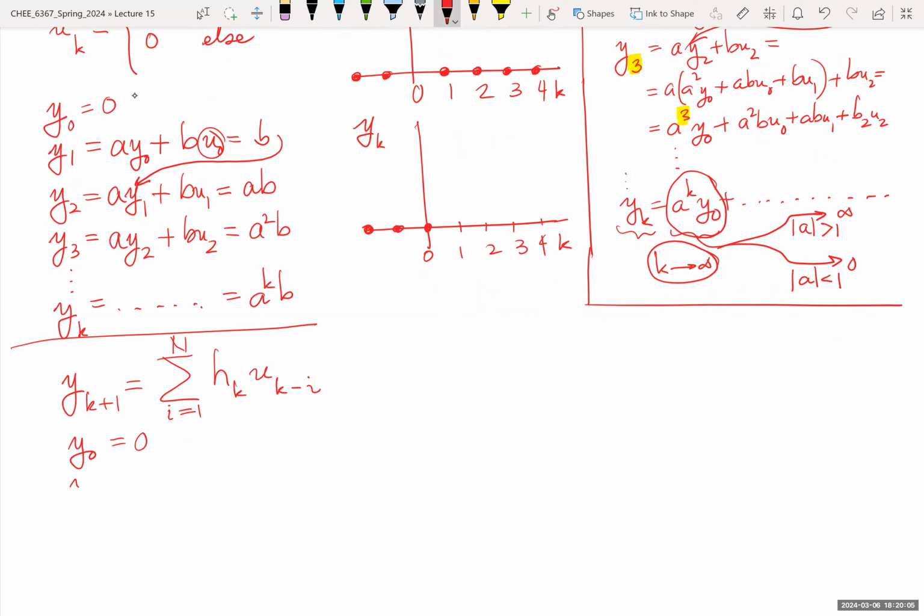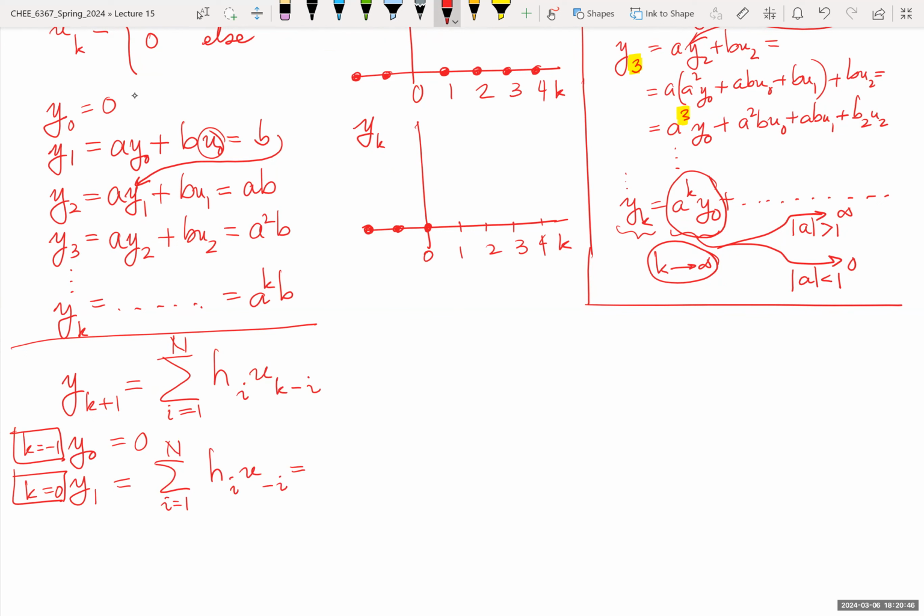It's equal to 0. y1 is going to be equal to, let's do this together. This is for k equal to minus 1, for k equal to 0. y1 from this expression is going to be the sum of h i u minus i, i goes 1 through n.